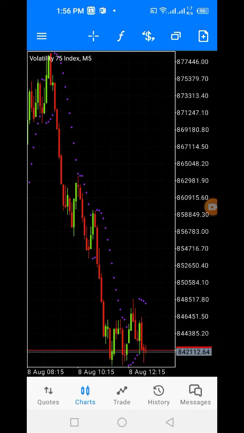You can generate signal on a day time frame and take your entry on 15 minutes time frame, or generate signal on 4 hours time frame and take your entry on 15 minutes time frame, or take your entry on 1 hour time frame and take your entry on 5 minutes time frame. So in this particular video, we're going to be combining 1 hour and 5 minutes. That is, we generate our signal on 1 hour and take our entry on 5 minutes.